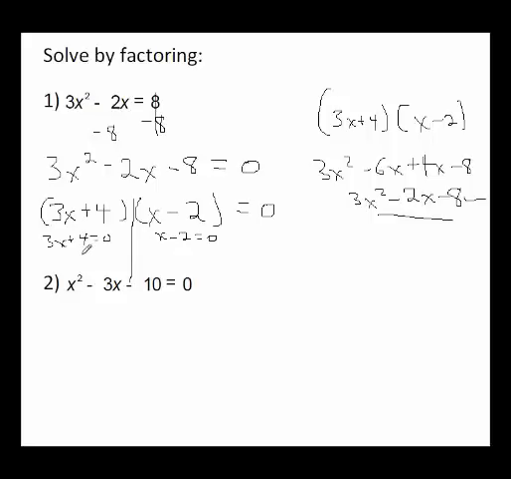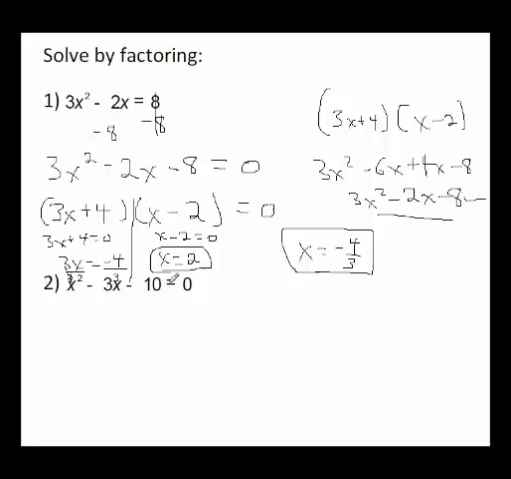Subtract 4 from each side, and you've got 3x equals negative 4. Then divide each side by 3, and you've got x equals negative 4 over 3. That's one answer. Sorry, I didn't have room for it on the left side. And on this side, you just add 2 to each side, and you have x equals 2. So our two answers are x equals 2 and x equals negative 4/3.